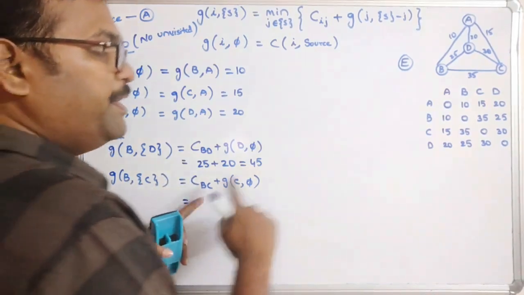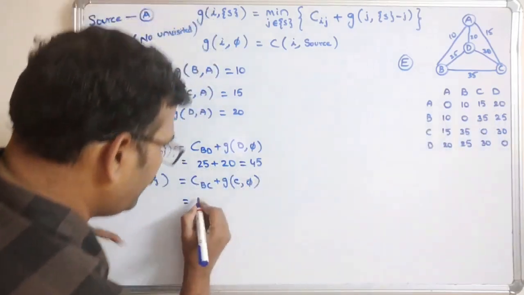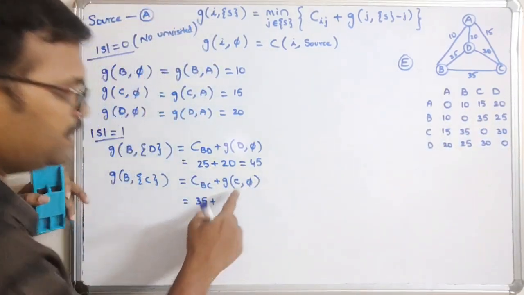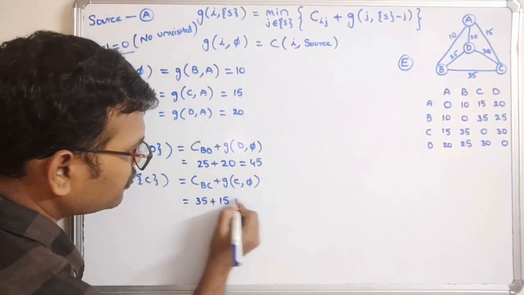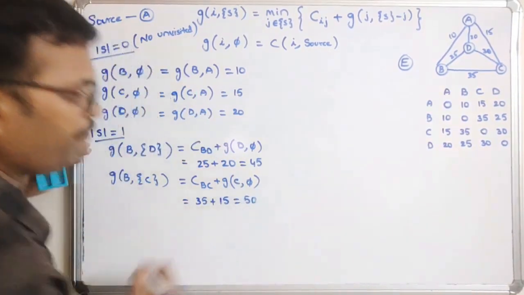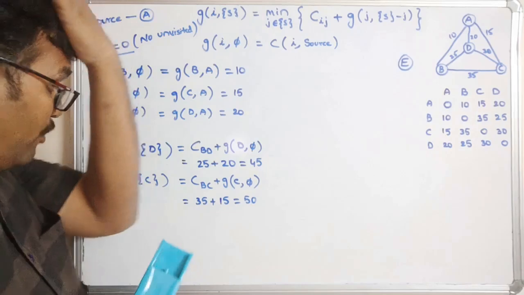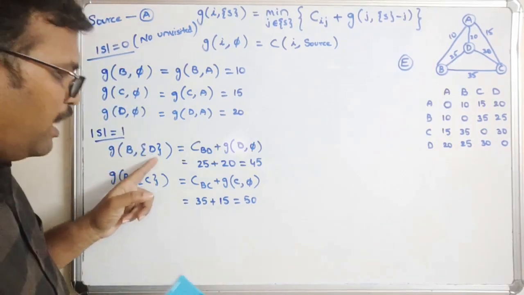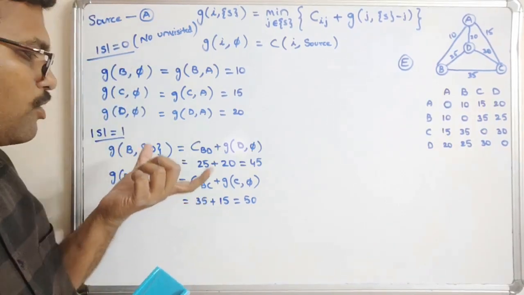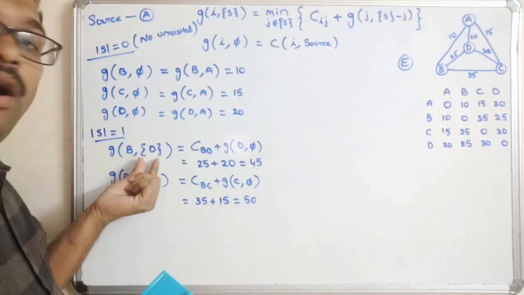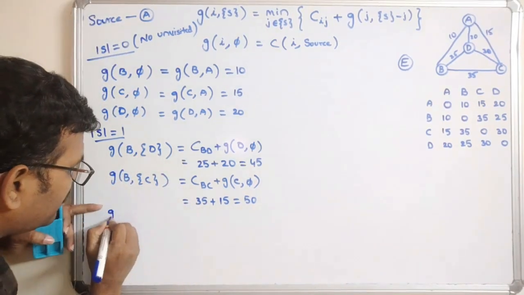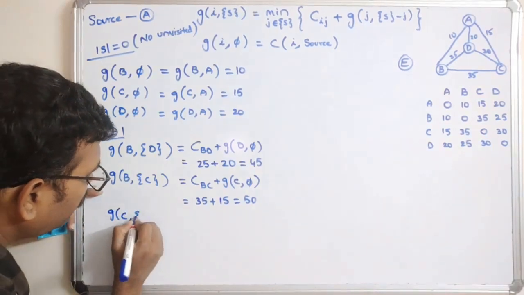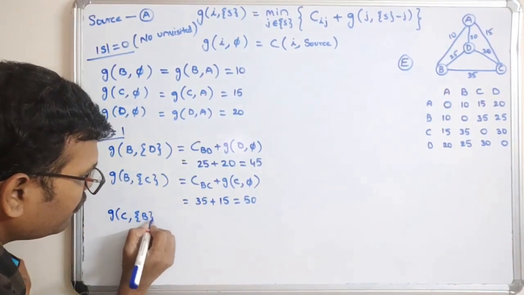So the edge between B and C, BC is 35, plus G of C phi, it's 15. So which will be 50. So here we have taken B as a source and we are computing the cost between B and all unvisited vertices.